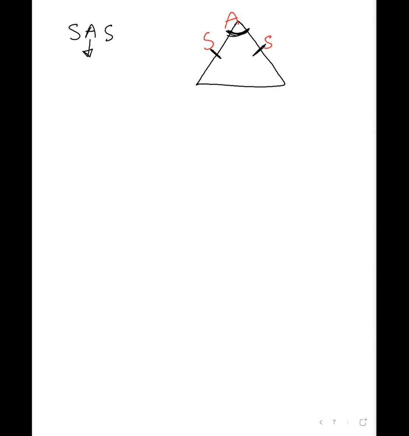Let's first try these on page number 140. Okay, have you opened the page?